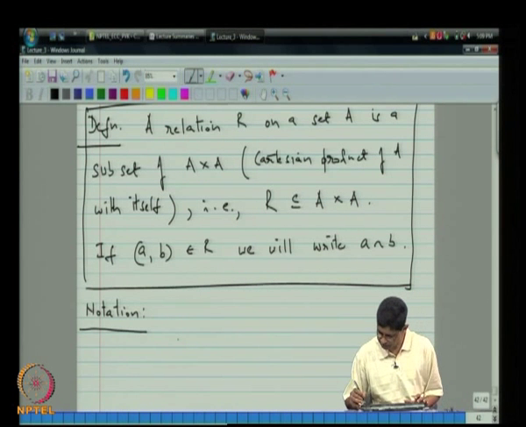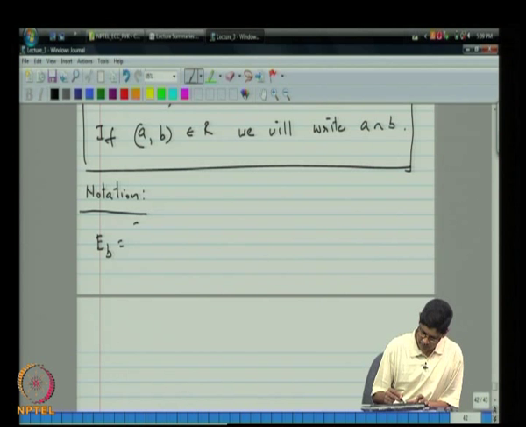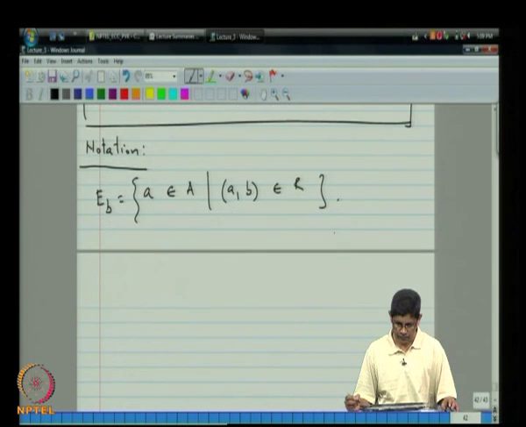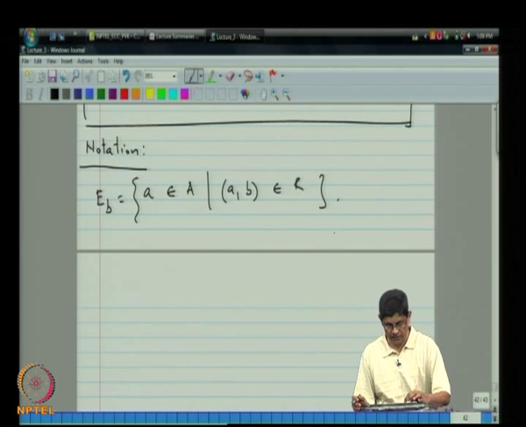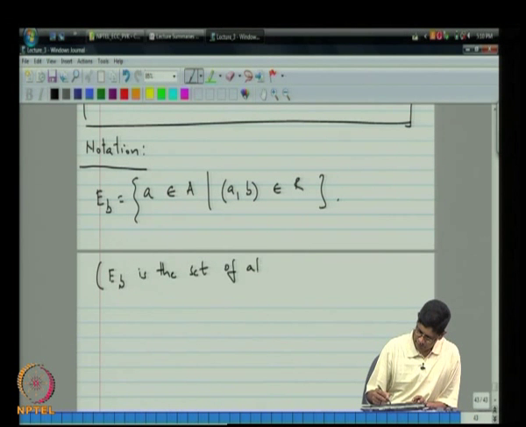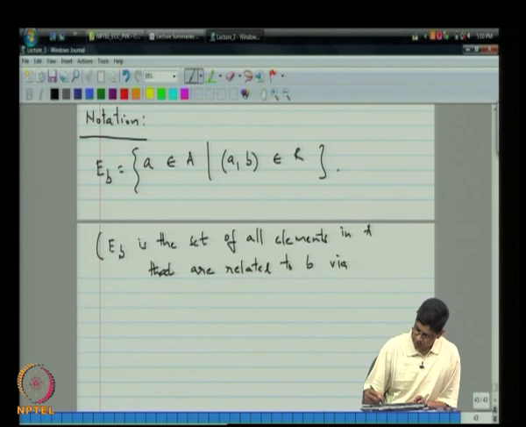The notation is that E sub B is the set of A in A such that A, B belongs to R. In other words, E sub B is the set of all elements A which are related to B through relation R. So, loosely speaking, E sub B is the set of all elements in A that are related to B via the relation R.